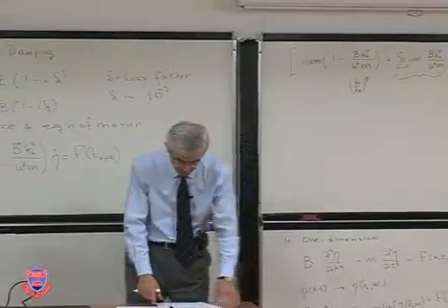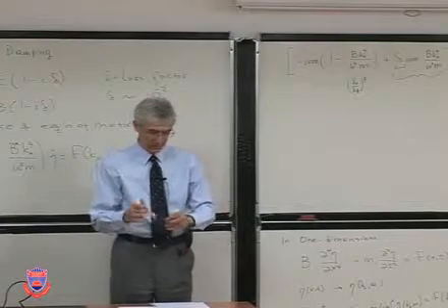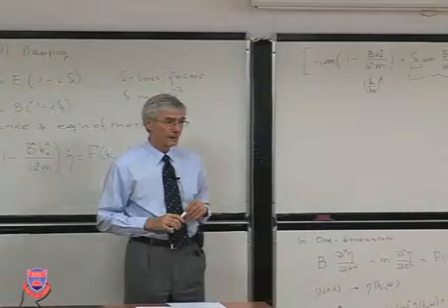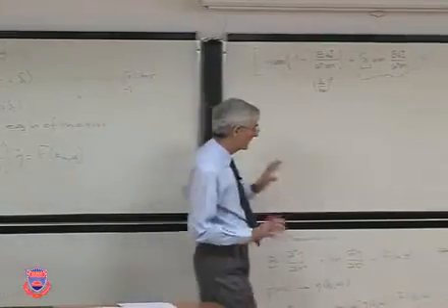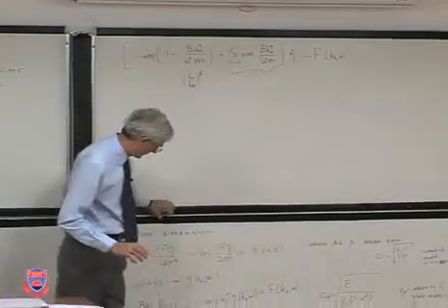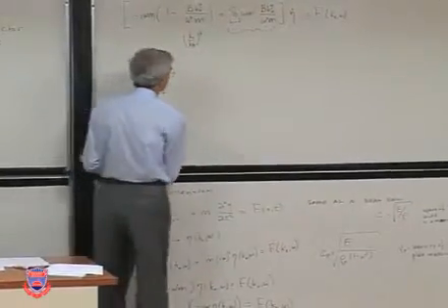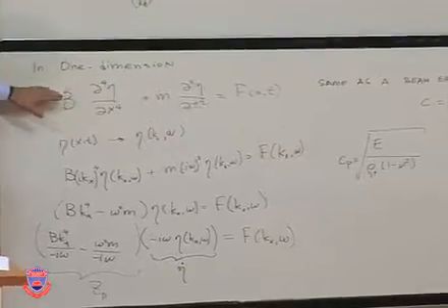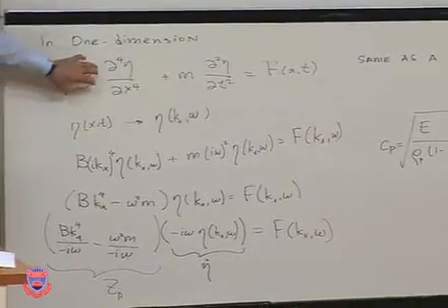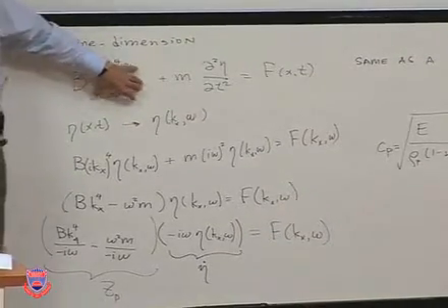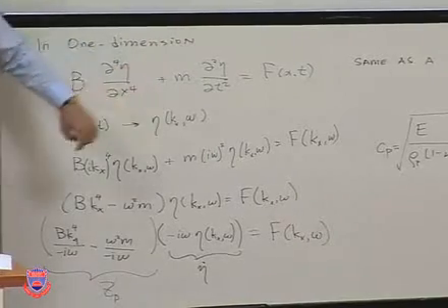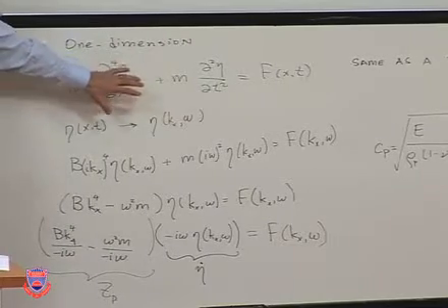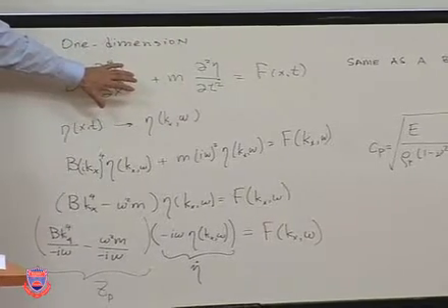Any questions on the plate vibrations? Nothing? So you know how to write the equation: bending modulus times the fourth derivative of the displacement together is a force per unit area.